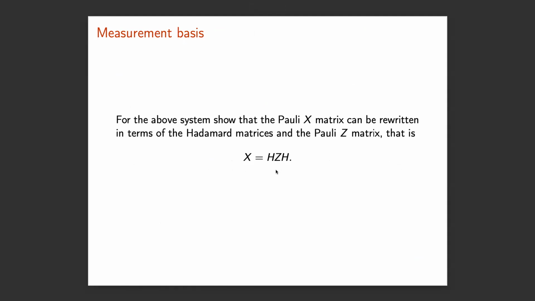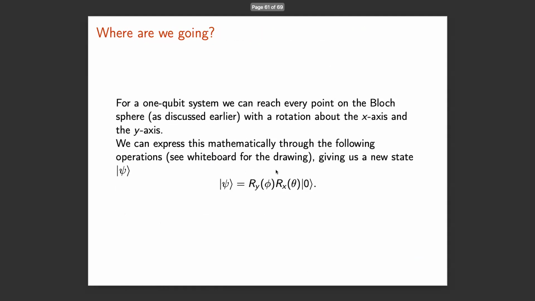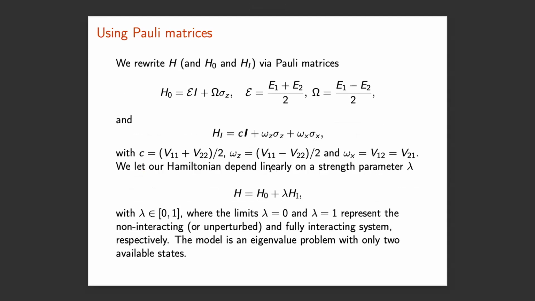So that's an important step in the project. That means that if we go back and look at the Hamiltonian we want to simulate, we can take this Pauli X matrix and rewrite it as a Hadamard times Z times Hadamard. And then we can make the measurements in the computational basis.